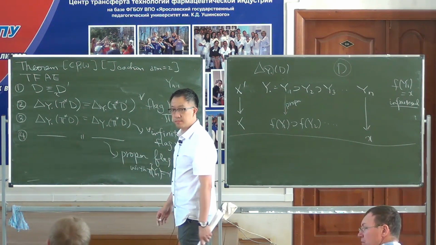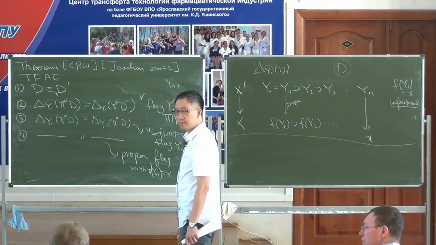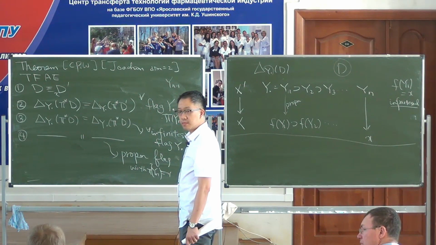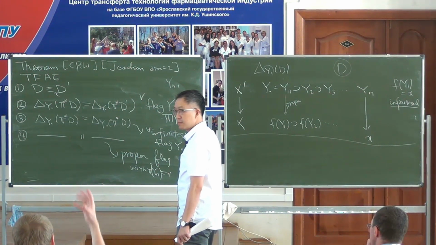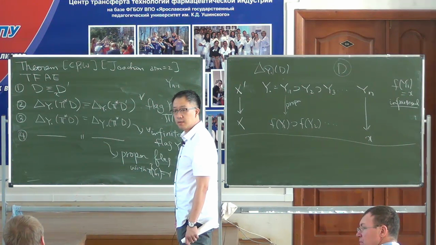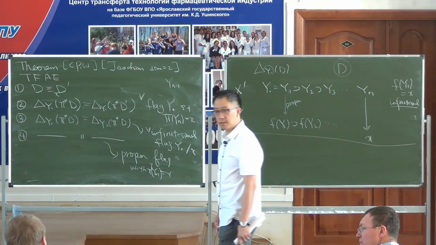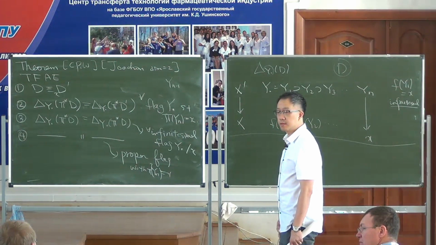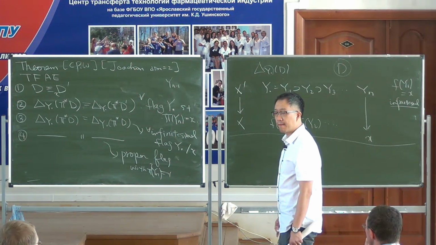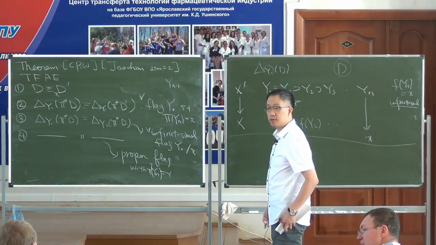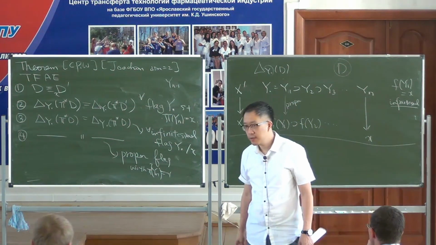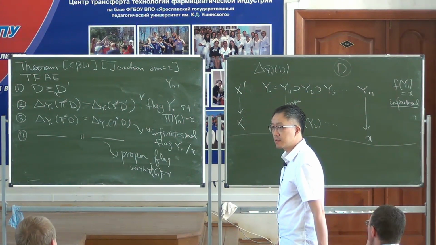Can I also ask the following question? There's also one more obvious small subset inside infinitesimal flags. Your exceptional divisor is going to be a vector space. So inside the vector space you have obvious nice flags, right? Those that consist of vector spaces. Let's restrict ourselves to the flags that have two properties.